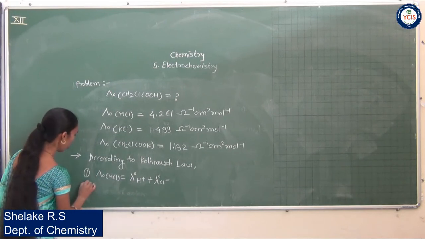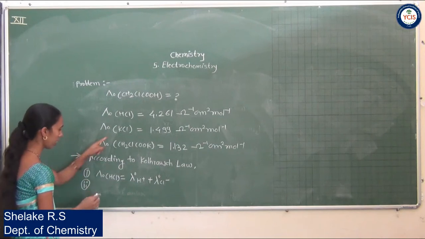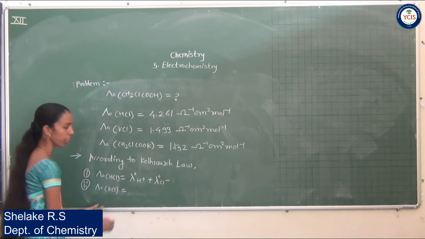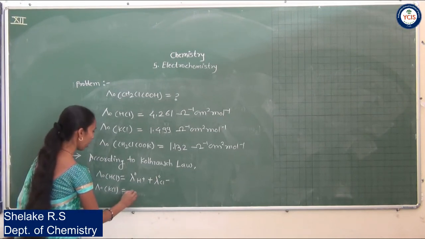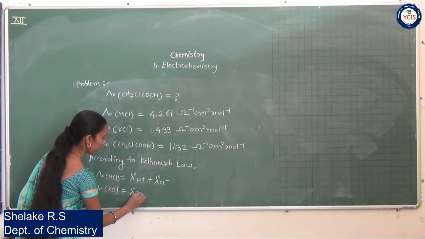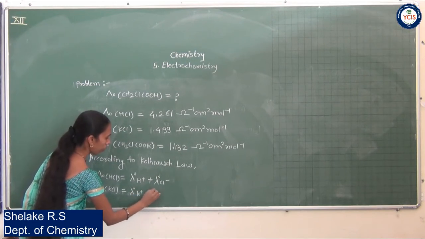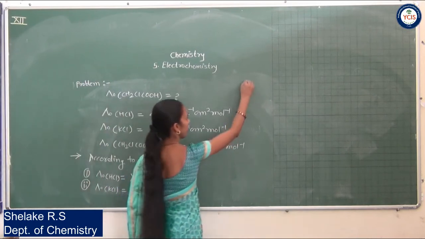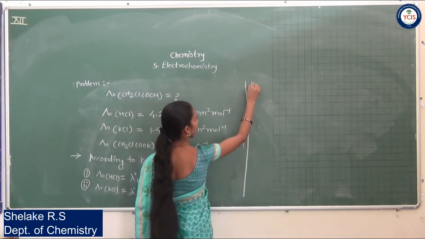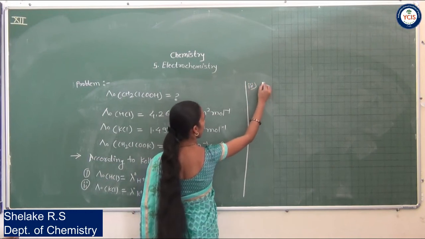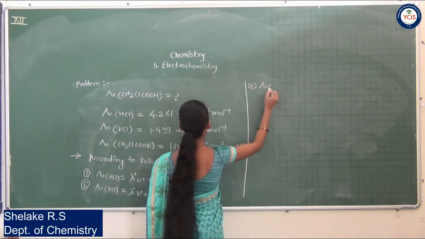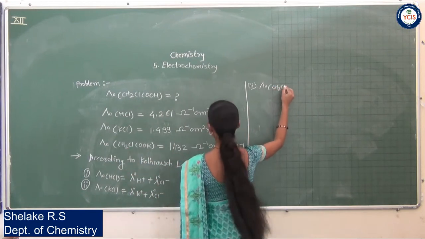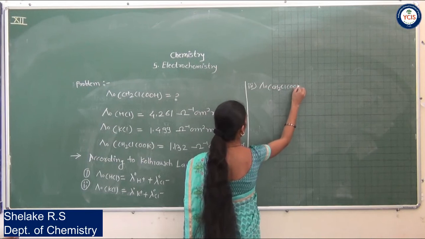Now second, for KCl, how can we write it down? Lambda 0 of KCl is equal to, KCl will ionize as K plus and Cl minus. So lambda 0 K plus plus lambda 0 Cl minus. Okay, and third, that is lambda 0 of CH2Cl COOK.